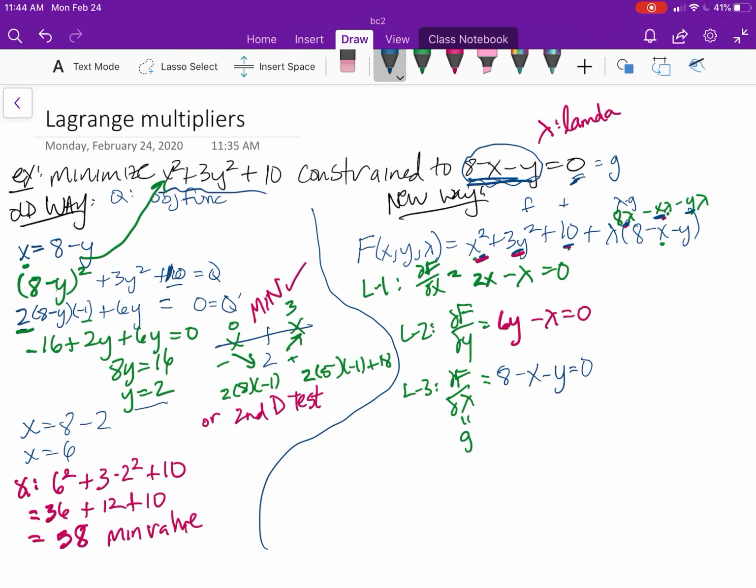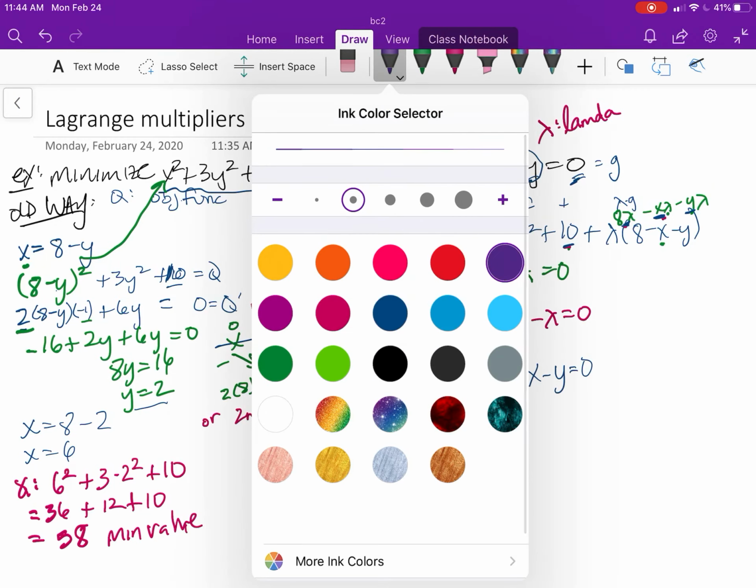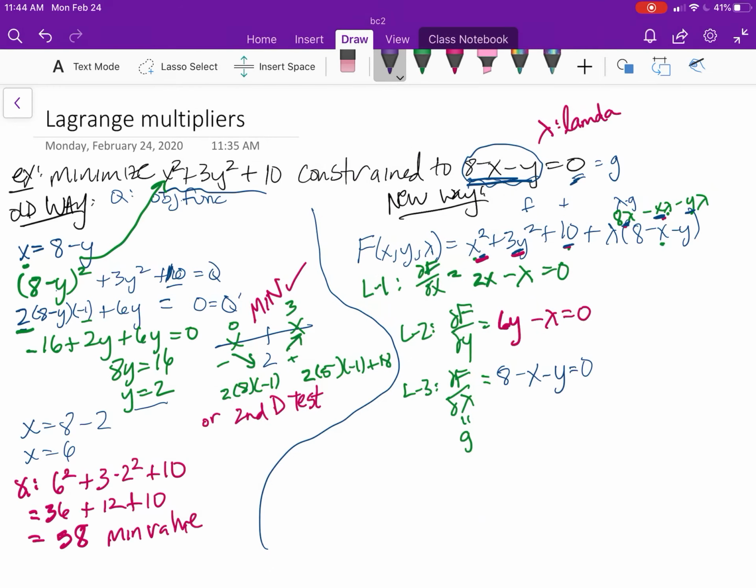Now you have options here. Basically, the next step is we are focusing on getting x and y. The most common way to do this is to solve both of these for lambda, because then we could use substitution and set them equal to each other.